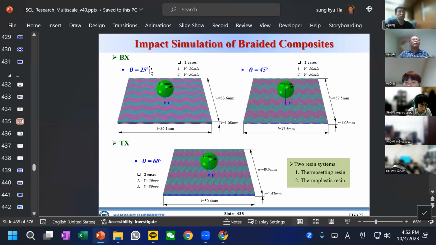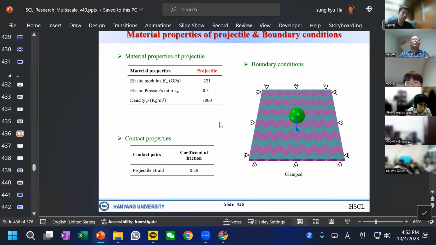Anyhow, impact simulation of a braided composite, the braiding can be 25, 45, and 60 degrees. And again, woven can be only 0/90, but with braiding you can have many angles depending on the weaving.